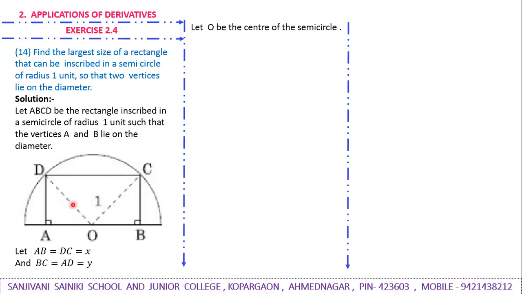Now as O is the center of this semicircle, OD is equal to 1 because it is given that the radius of the circle is 1 unit.